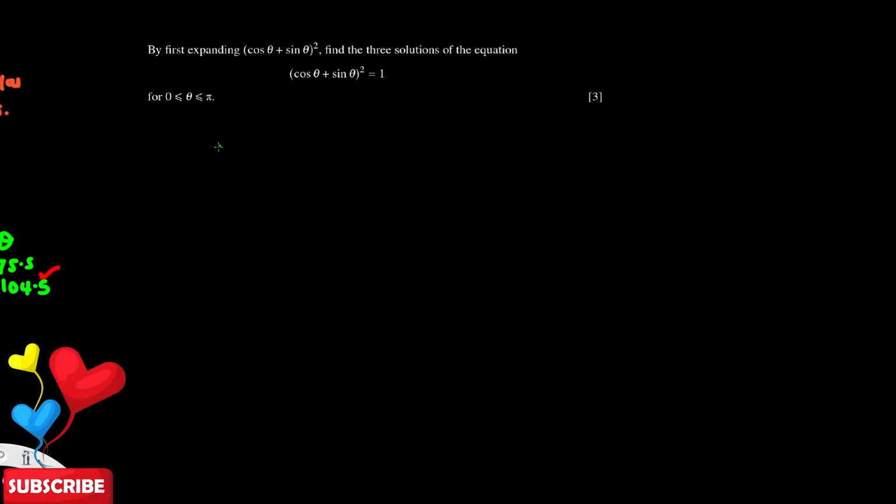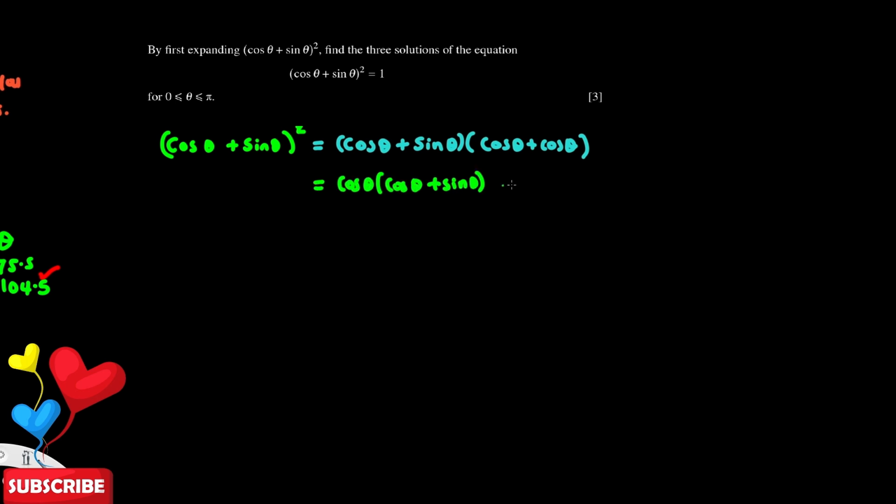Now, in order to expand this, first we're going to write this as cos theta plus sine theta, close the bracket, then we write this one. So you're going to multiply cos theta by the two terms in the second bracket, and also sine theta by the two terms in the second bracket.